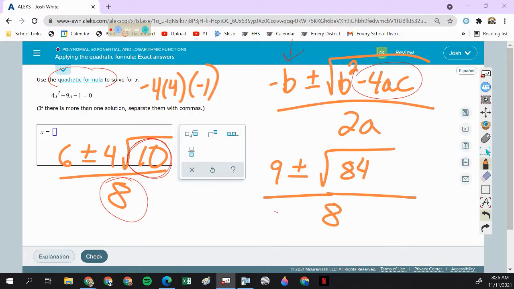But these 3 all share a 2. So I can remove a 2 from those 3 numbers. So it would be 3 plus or minus 2 root 10 over 4. And notice I didn't touch the 10. You cannot simplify something inside the square root with something that's outside the square root.